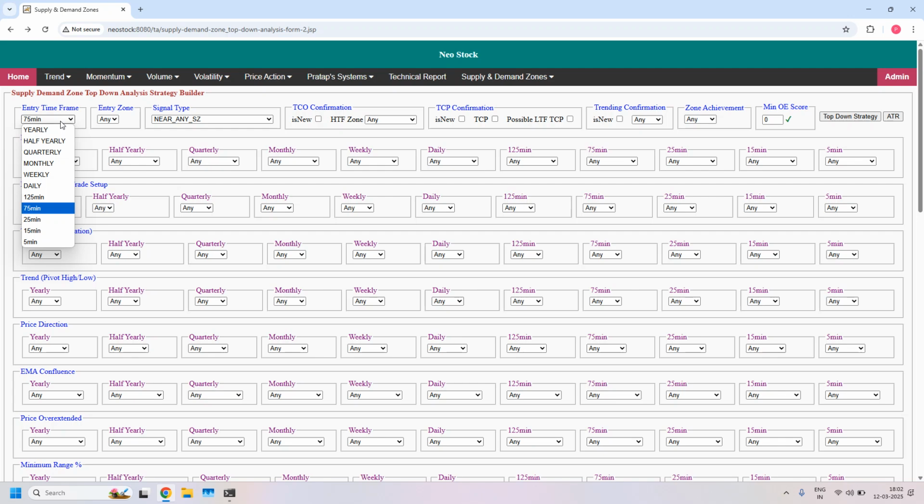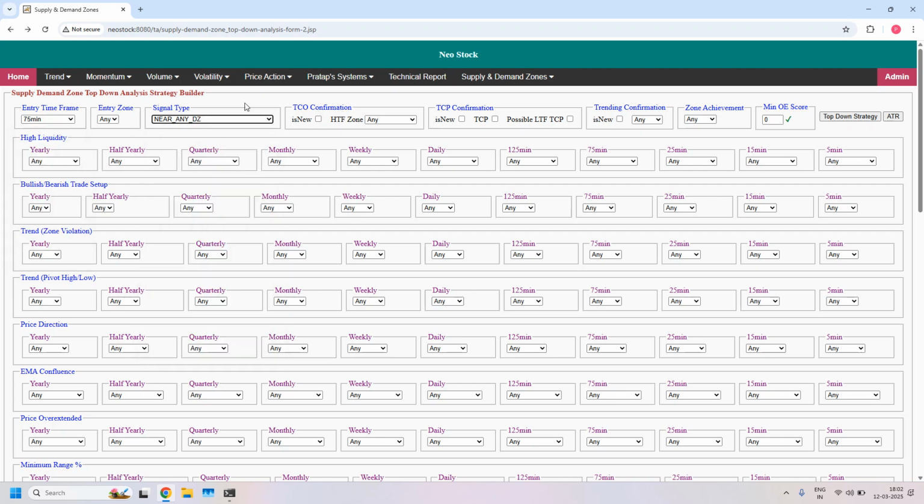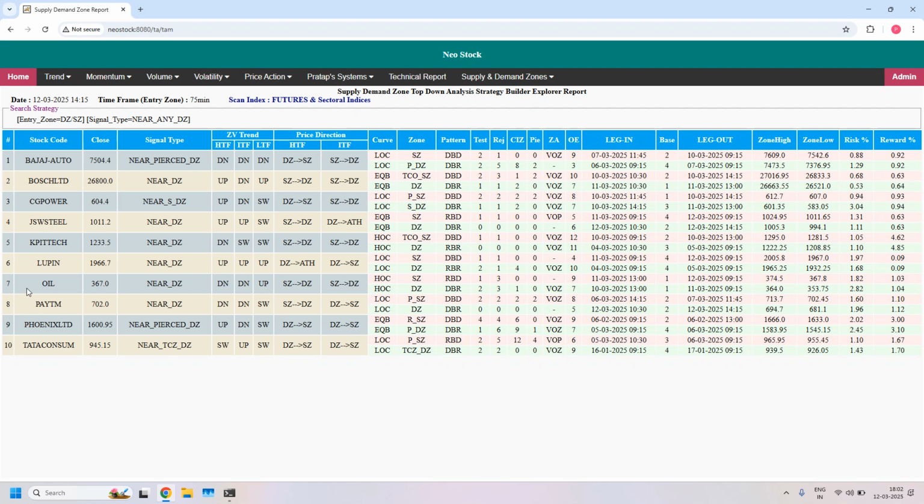Entry time frame 75 minutes. Let us find the stocks near 75 minutes demand zone. We got 10 stocks. Let us identify high liquidity demand zones from this list. CG Power is a 75 minutes high liquidity demand zone.